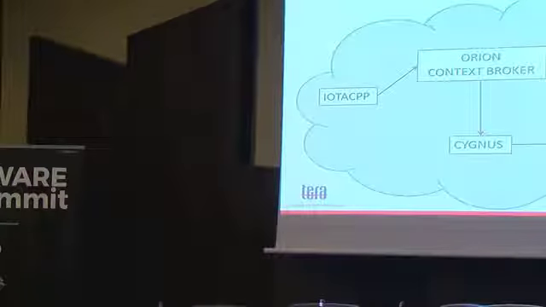We need to translate this language into an NGSI protocol, able to communicate with the Orion Context Broker. So we need an IoT agent that translates our MQTT messages into NGSI messages.